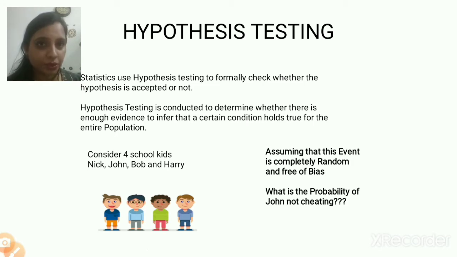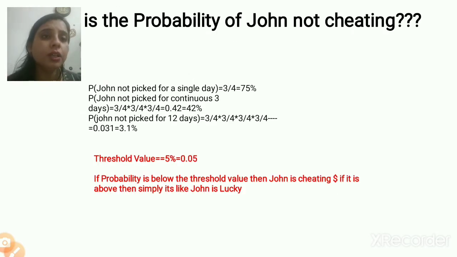This is the kind of assumption we need to make in every case before doing hypothesis testing. So the two assumptions are, first, the event is completely random, and second, it is free of bias. Now, what is the probability of John not cheating?